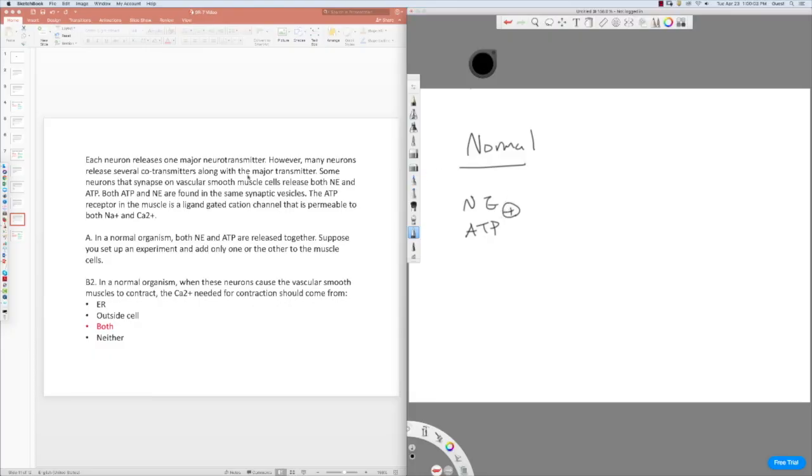And yet, what was this discussion that we had about specifically ATP being released? Well, look at the second sentence of A. Suppose you set up an experiment and add only one or the other to the muscle cells, right? So in the experimental condition, we were only using NE or ATP. Never both.